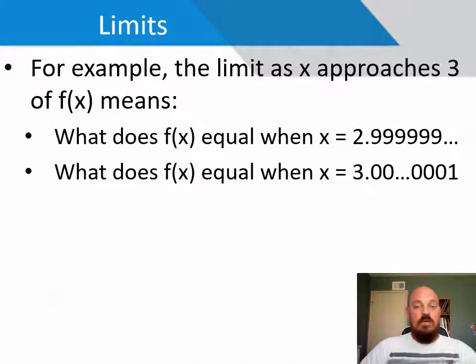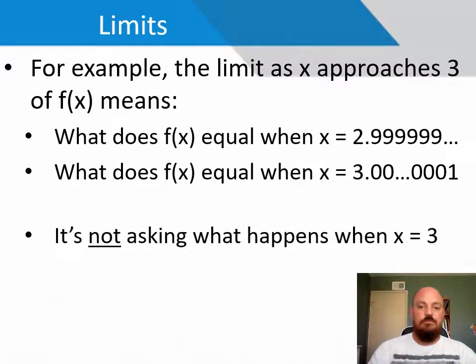So I might also ask myself, what does f of x equal when x is 3.000, a whole bunch of zeros, and then you stick a 1 on the end. So we're taking a look at a number that's just a tiny bit smaller than 3, and also a number that's just a tiny bit bigger than 3, and we want to see what happens there. Now I want to emphasize, when you're doing a limit, you are not asking what happens when x equals 3. You're asking what happens when x is very, very close to 3.